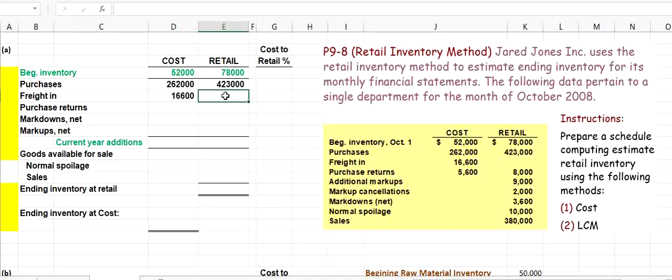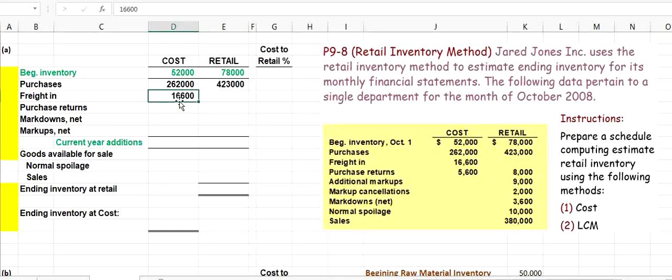Why? Because this is just transportation in, and whether I incur it or not, it's something I'm not going to pass on to the customer. That's not my product which I'm selling. Although it will be added to the cost of the product, it does not have any retail value because it is not for sale.